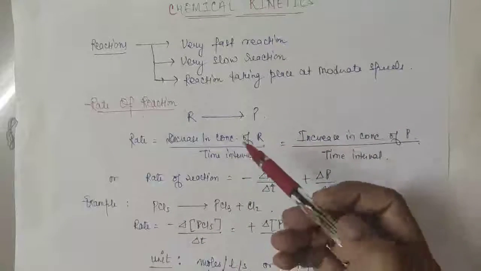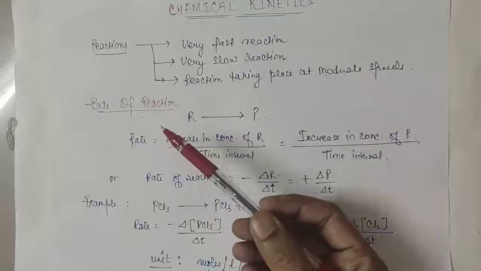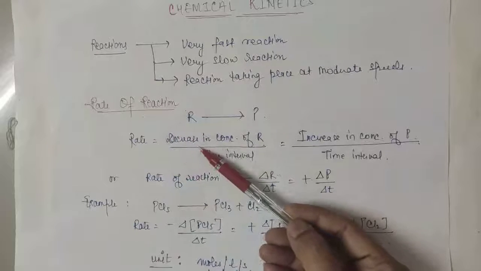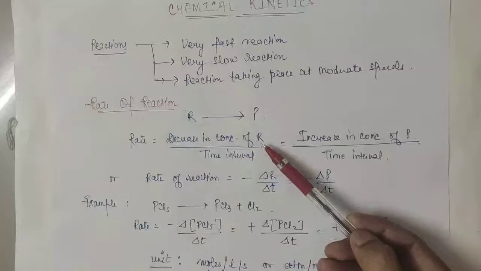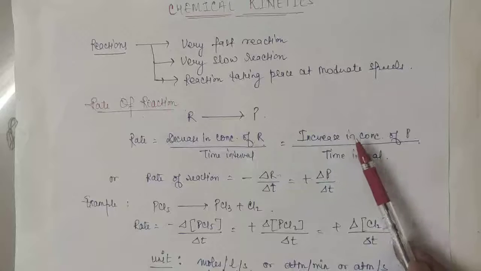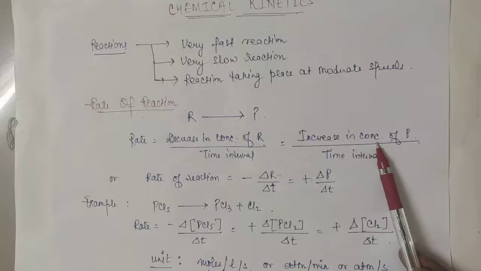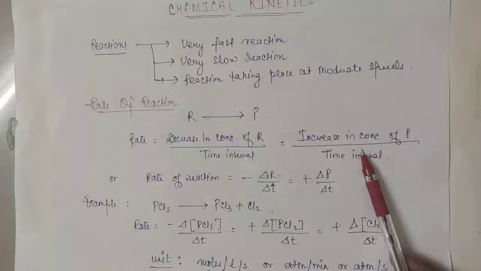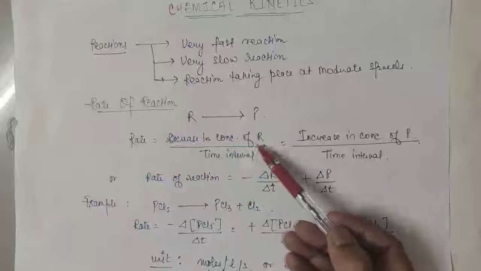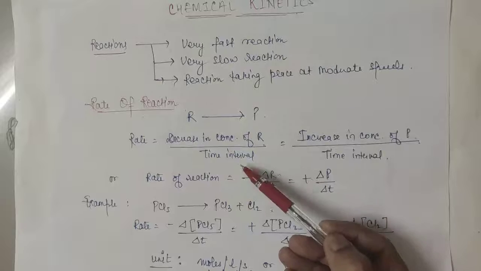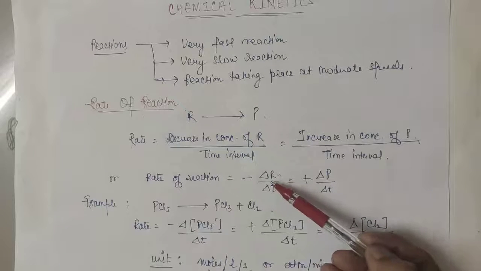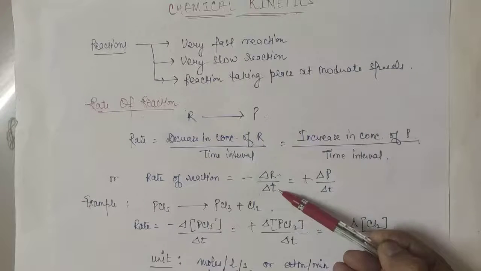Likewise in chemical kinetics, rate of reaction is expressed as decrease in concentration of reactant upon time interval, or increase in the concentration of product upon time interval. So the decrease in concentration means R2 minus R1 upon T2 minus T1, that can be written as minus delta R by delta T.